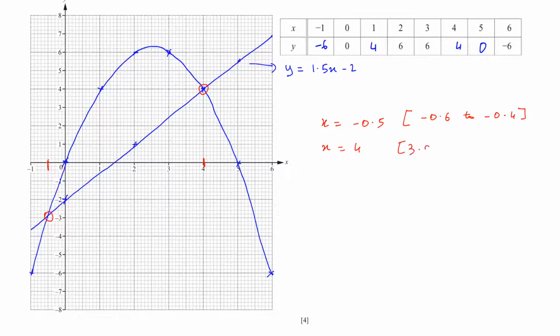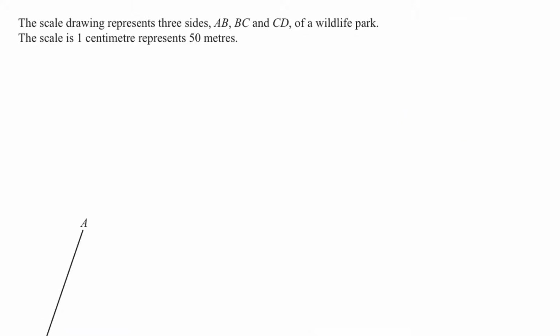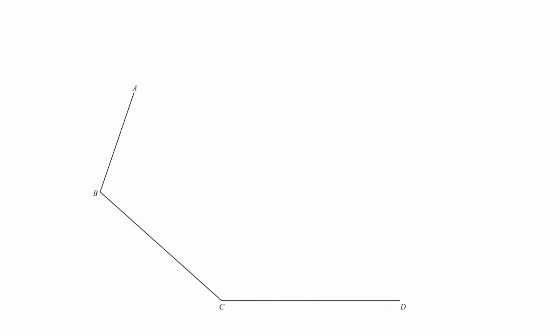But even if you have the answer in the range of negative 0.6 to negative 0.4, it's fine, or from 3.9 to 4.1. In this question, the scale drawing represents three sides AB, BC and CD of a wildlife park. The scale is 1 centimeter represents 50 meters. So this is the drawing that has been given to us, and 1 centimeter is 50 meters.